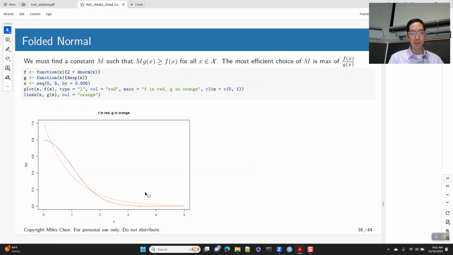And so what we need to do is multiply the orange by some constant so that it is taller than the red distribution everywhere.